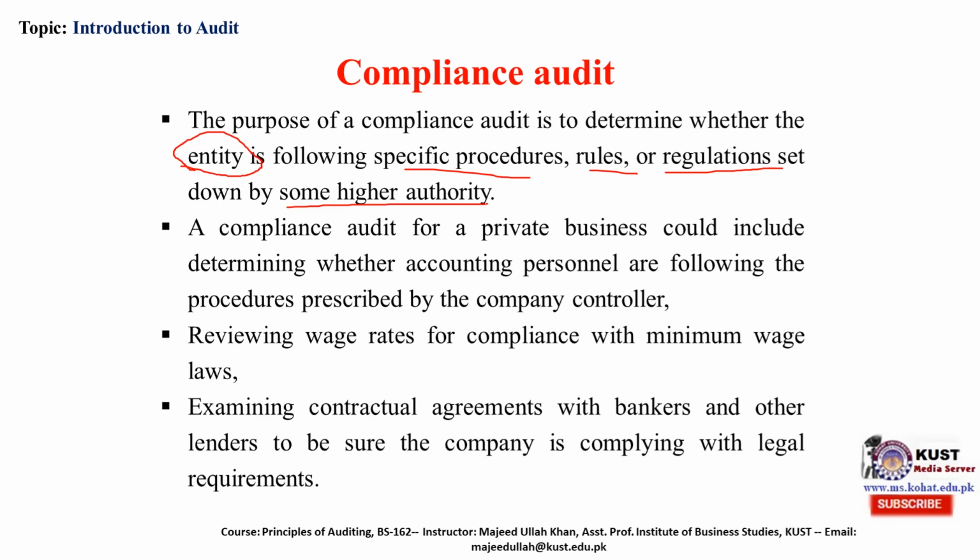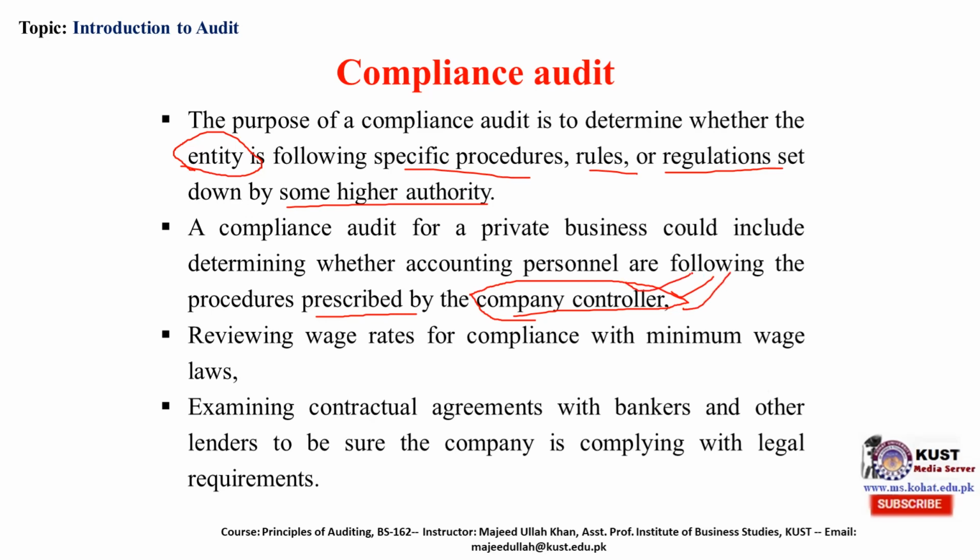Compliance audit for private businesses could include determining whether accounting personnel are following the prescribed rules by the company controller. Controller is basically maybe a treasurer, maybe a CFO, maybe a director of finance.